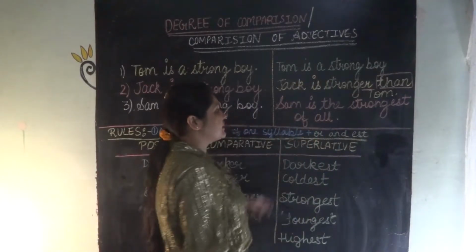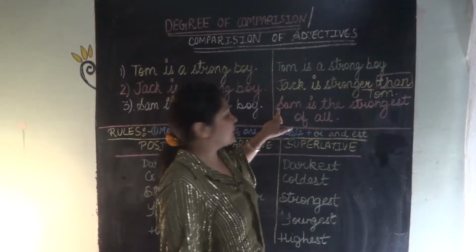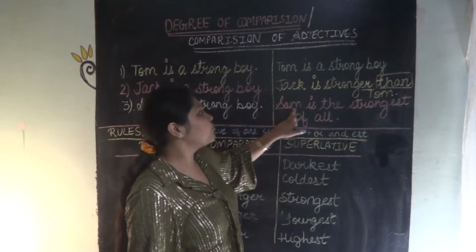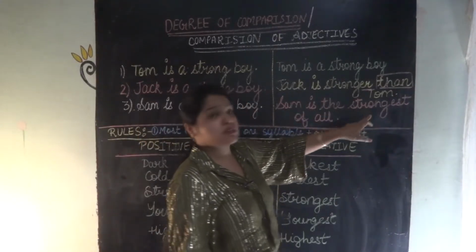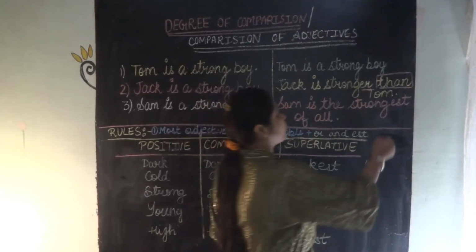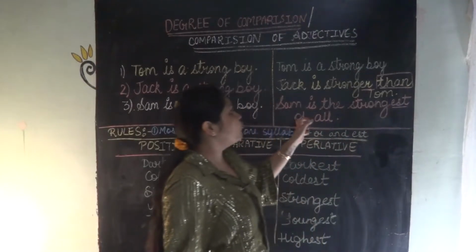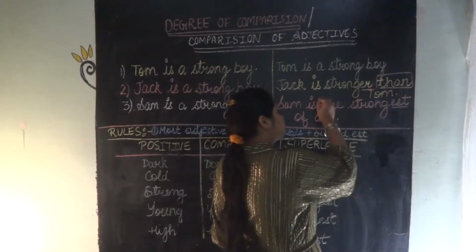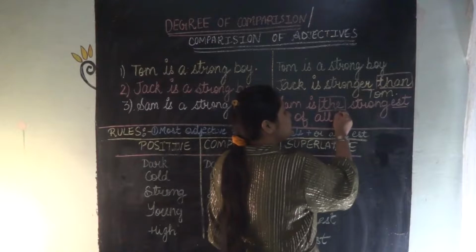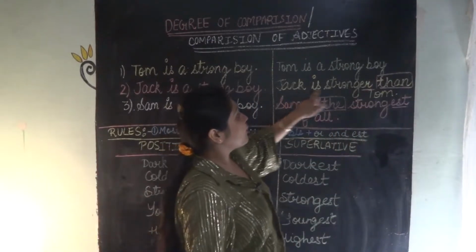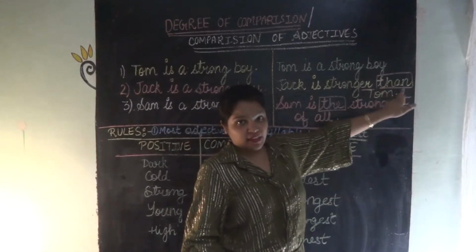Then if I'm writing the third one, I'll write Sam is the strongest. So I'm writing EST, est of all, plus the. Just keep in mind, this the is written in the superlative degree, and in the comparative degree it's written than.